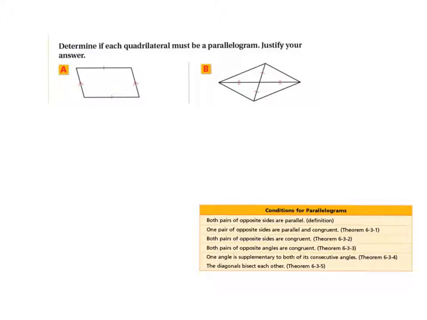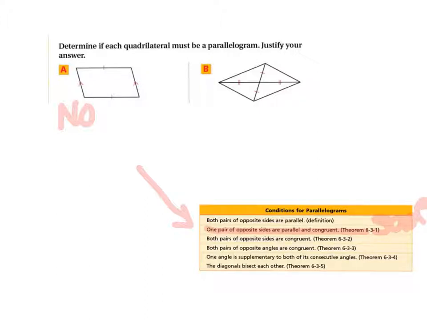I do see that it says 1 pair of opposite sides are parallel and congruent, but it's not the same side. This has to be the same side. So it is trying to meet this condition, but it's not. Therefore this is a no. It has to be the same side being both congruent and parallel. If I could move those congruent marks to be on the same side that's parallel, then this would be a yes.